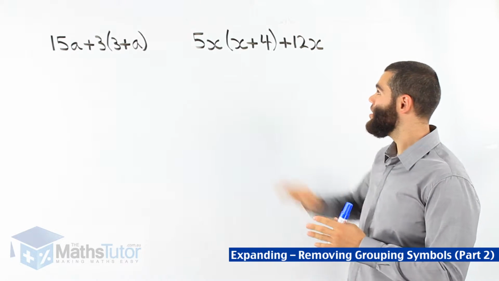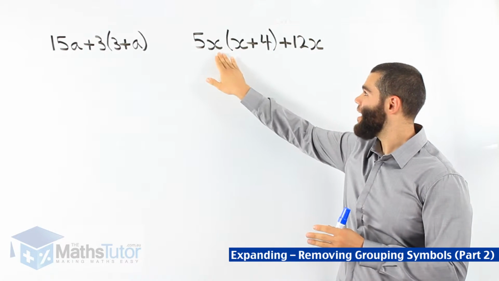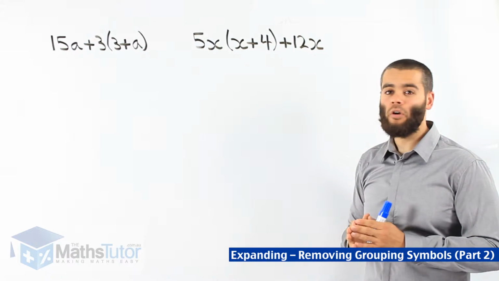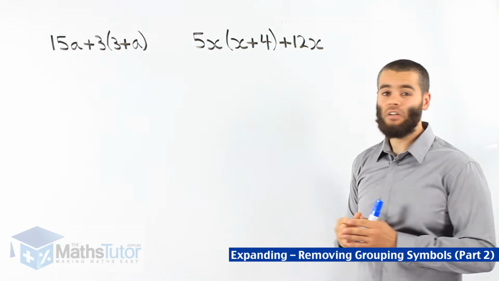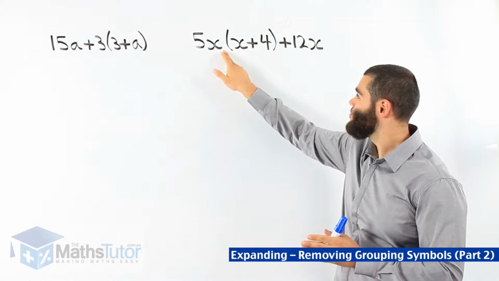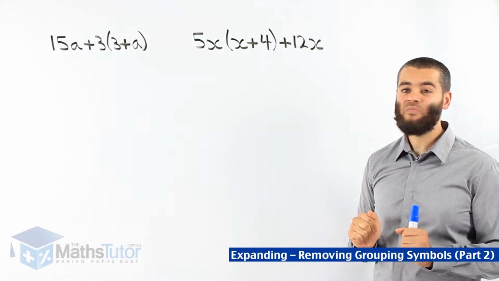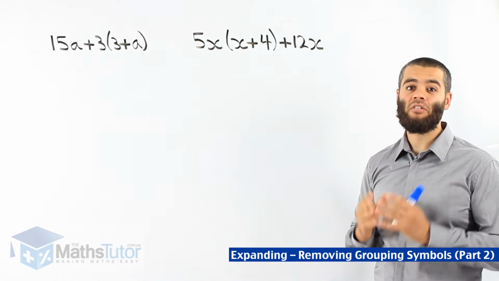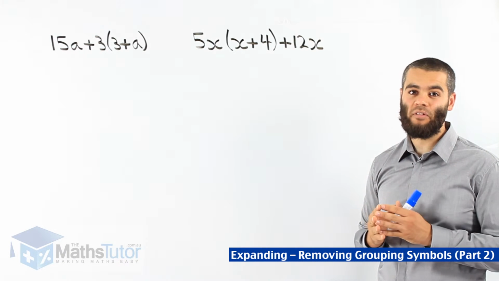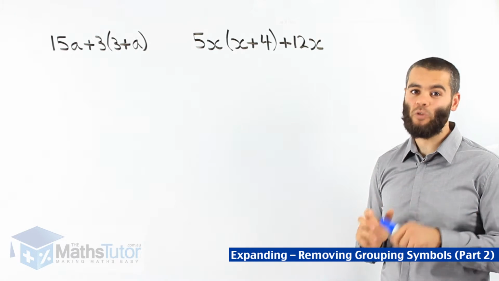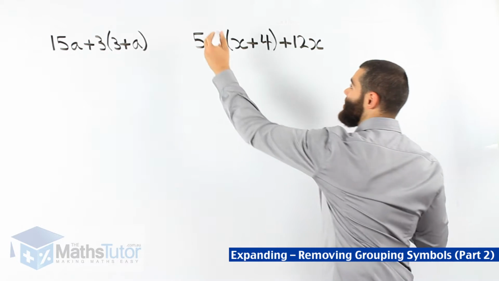As soon as we see a bracket and we know that there is a numeral or a pronumeral or a term in front of it, we know that there is a multiplication sign there. It is invisible. So we know straight away to simplify this, we need to expand it and then simplify. Expand meaning to remove the grouping symbols.